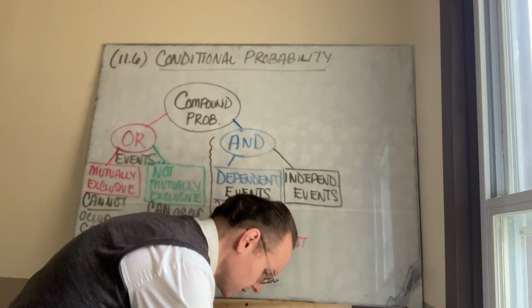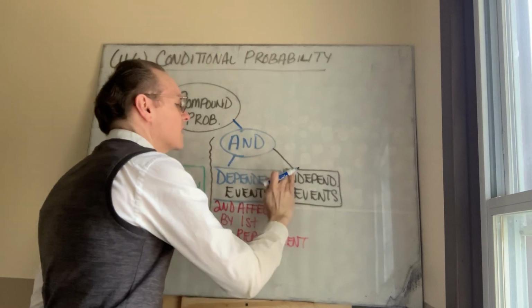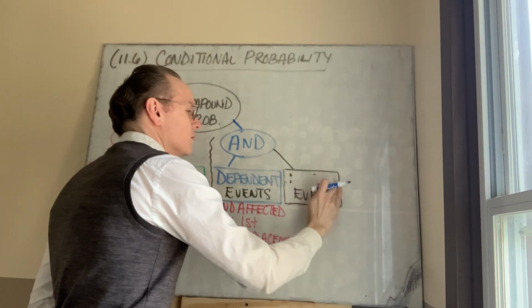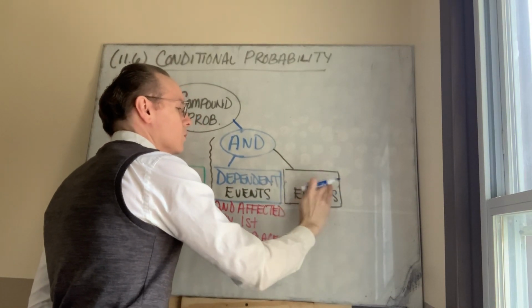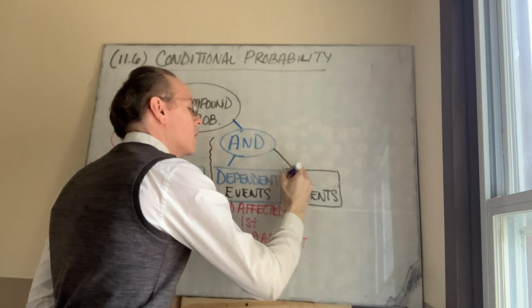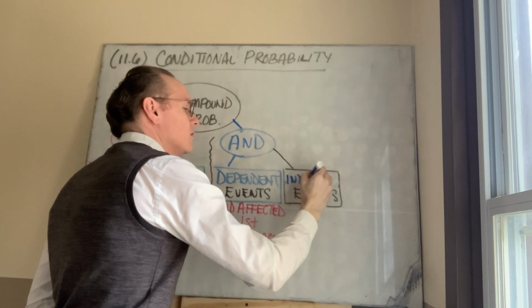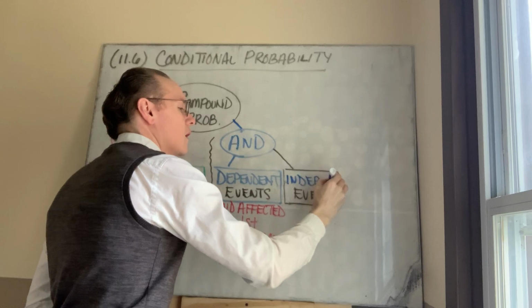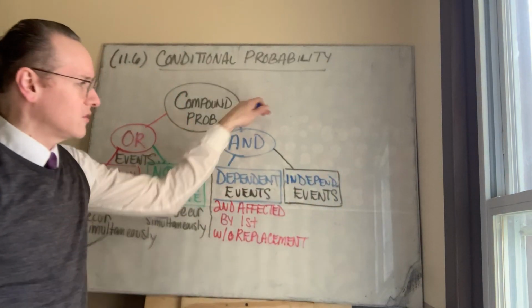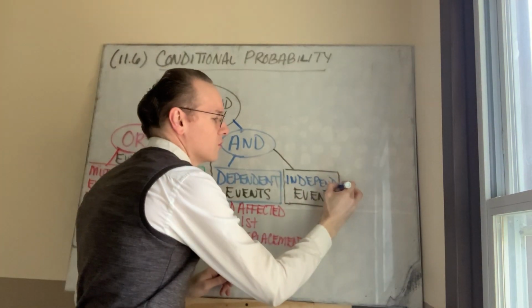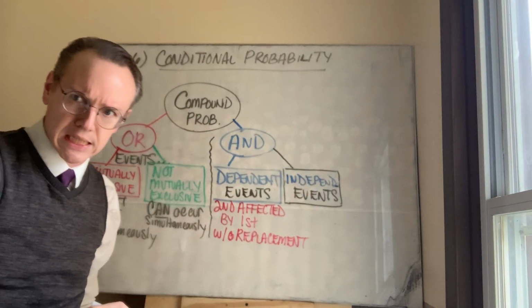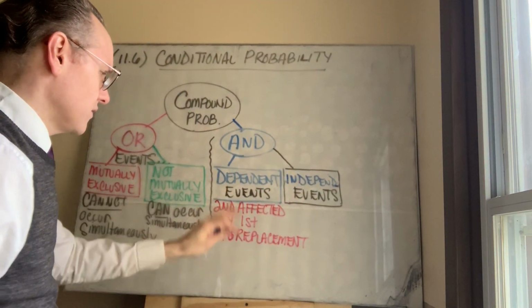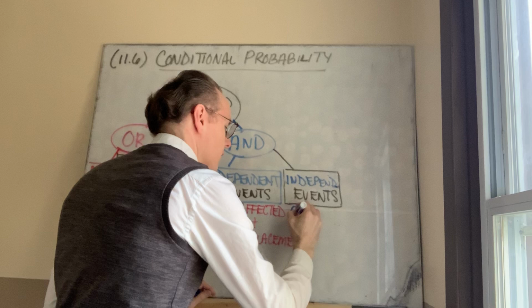And alternatively, I'm going to make this, just for the sake of symmetry here, blue as well. In the case of independent events, which I'm trying to save some space here, that's why I've sort of locked it into this little block, one event has no bearing on the other.